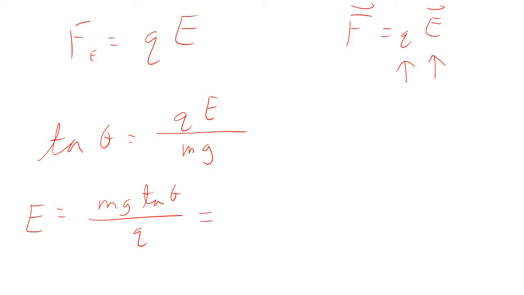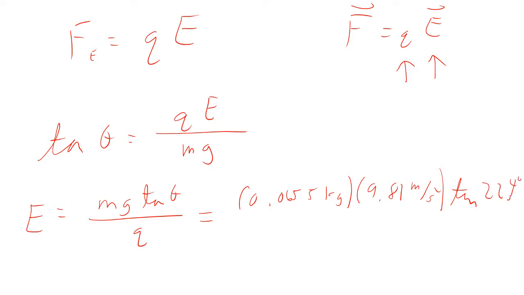Okay, so I plug in the numbers that I had: 0.0655 kilograms. Remember, we have to convert back to the base units. Times 9.81 meters per second squared times the tangent of 22.4 degrees. Okay, and then I divide that by the Q, which was 18.4 times 10 to the minus 6 coulombs.